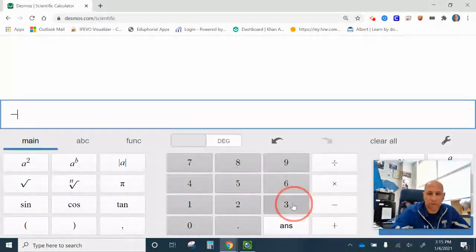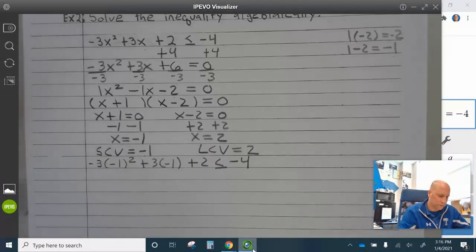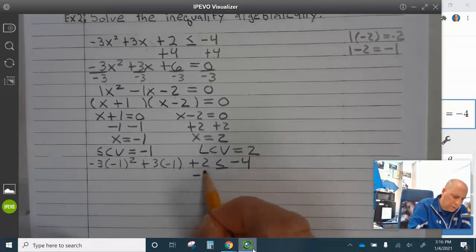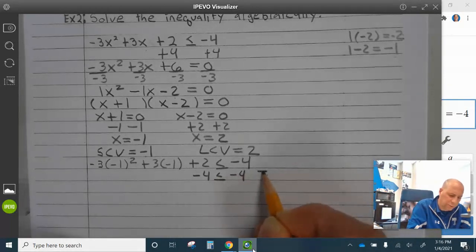So negative 3, parentheses, negative 1 squared, plus 3 times, I'm going to put that in parentheses, negative 1, plus 2, which is negative 4. Well, negative 4 is less than or equal to negative 4. That's a true statement.